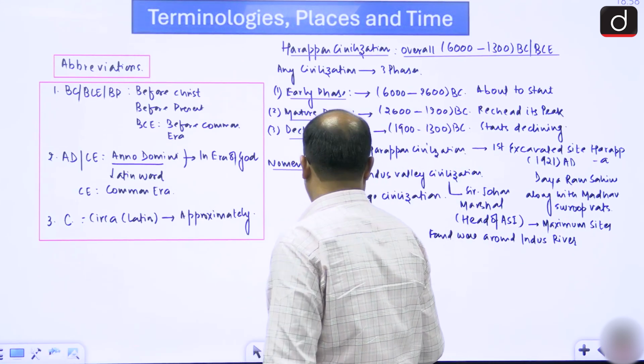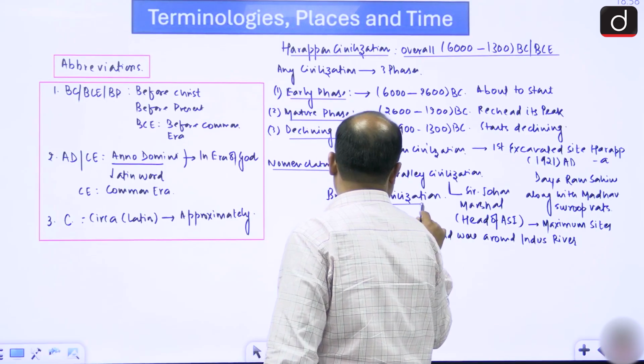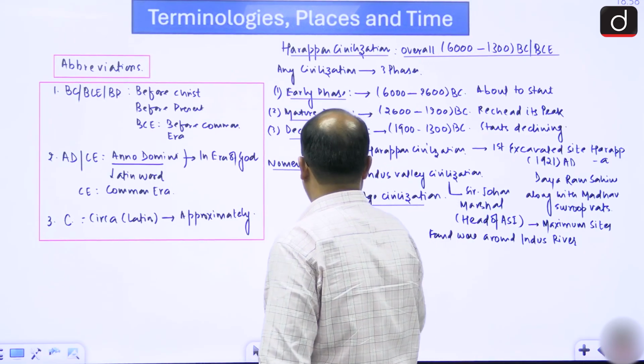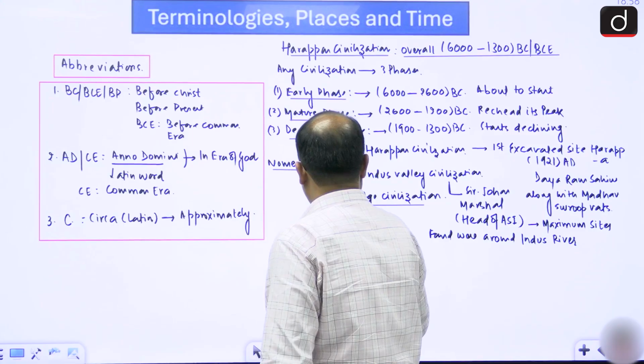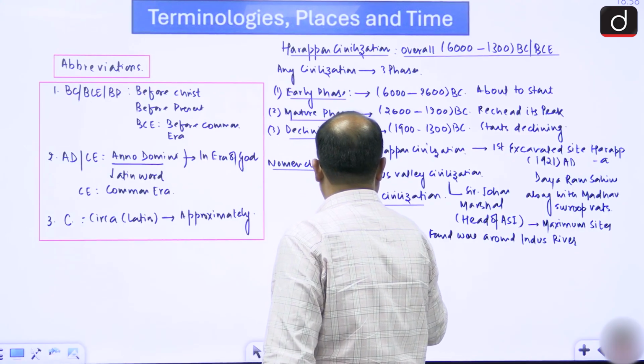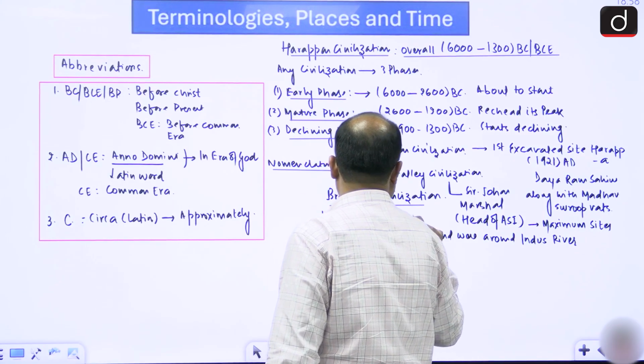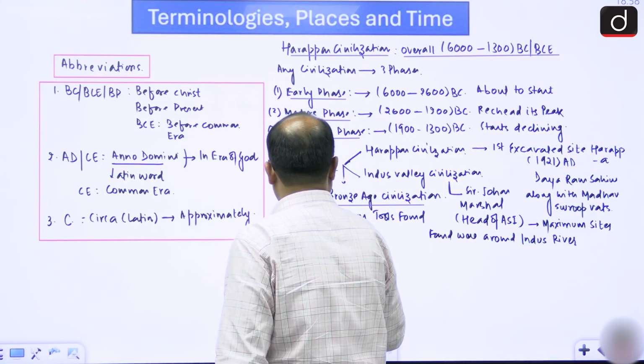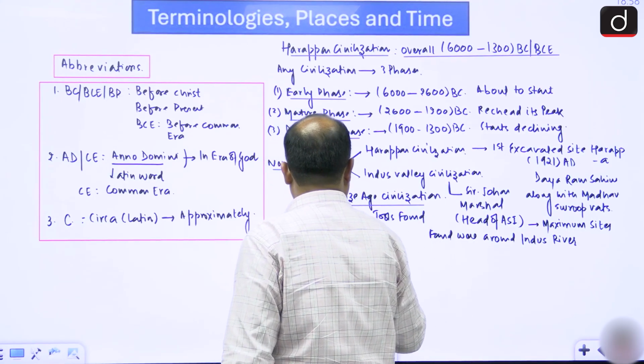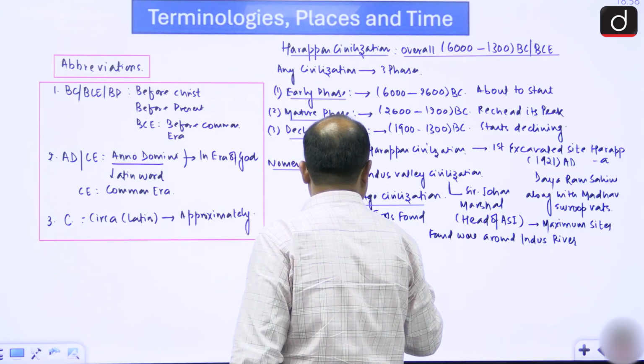And next it is known as Bronze Age Civilization. Why Bronze Age Civilization? Because the maximum tools which were found were made of bronze.